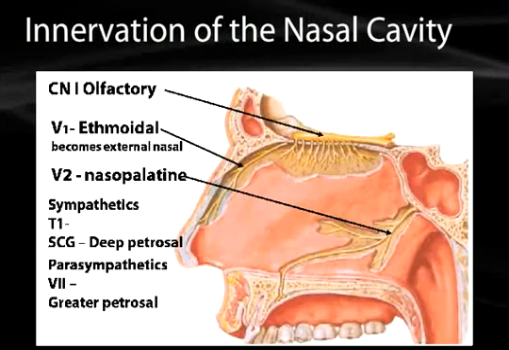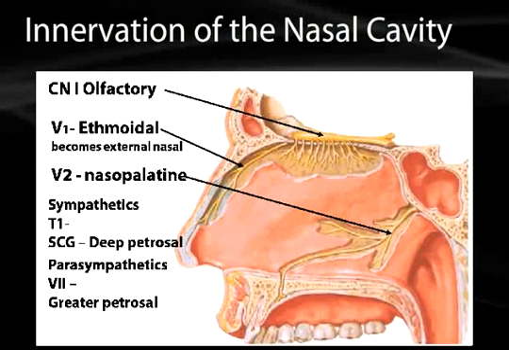Now let's look at the innervation of the nasal cavity, because this is one more region that has 5 nerves distributing to it. Now you can think about the cranial nerve 1 nerve, which is the one that's going to come through the cribriform plate and into the superior aspect of the nasal cavity, and this is going to be picking up chemicals that dissolve in the wet mucosa.